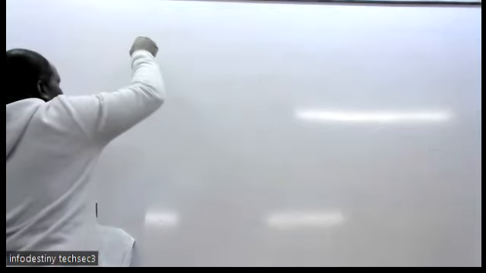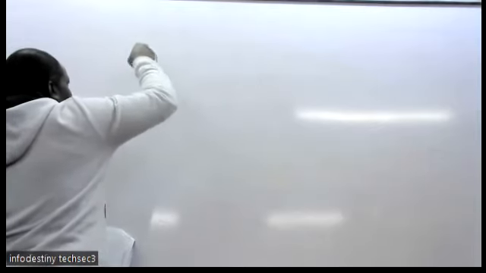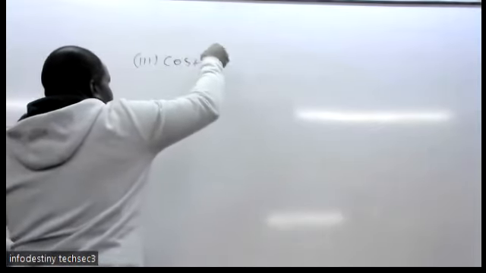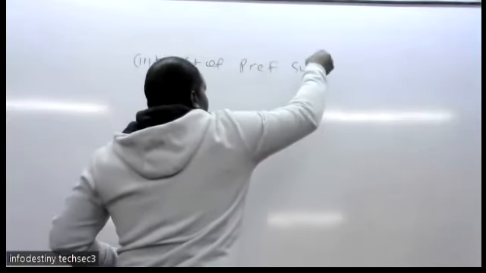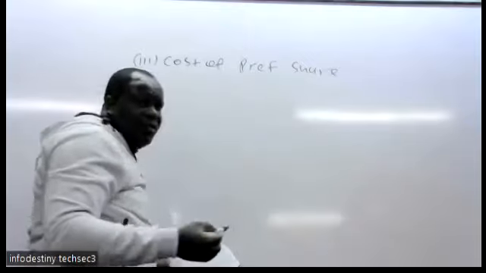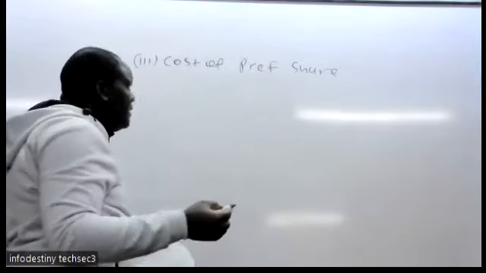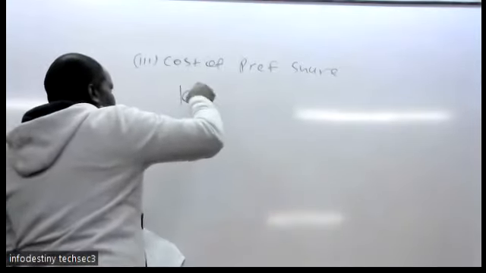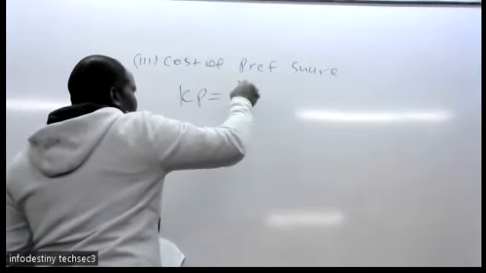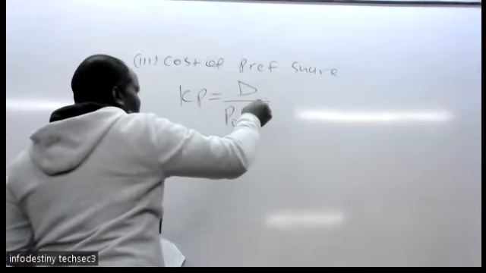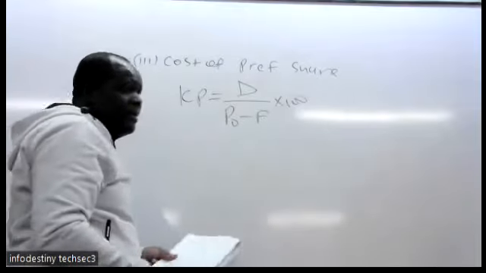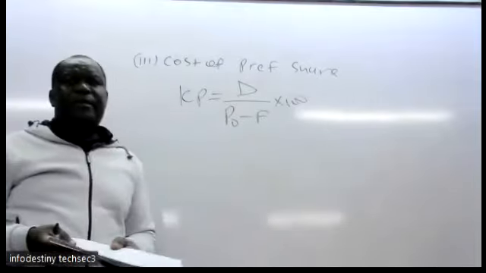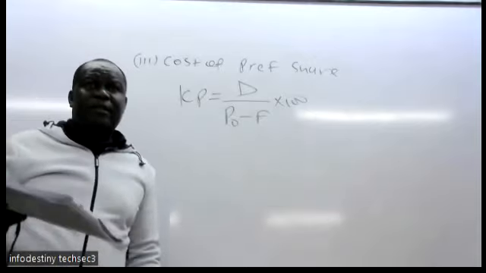We also compute the cost of the preference share. So the cost of the preference share is Kp. Kp should be D divided by P0 minus the flotation cost. Then express it as a percentage.